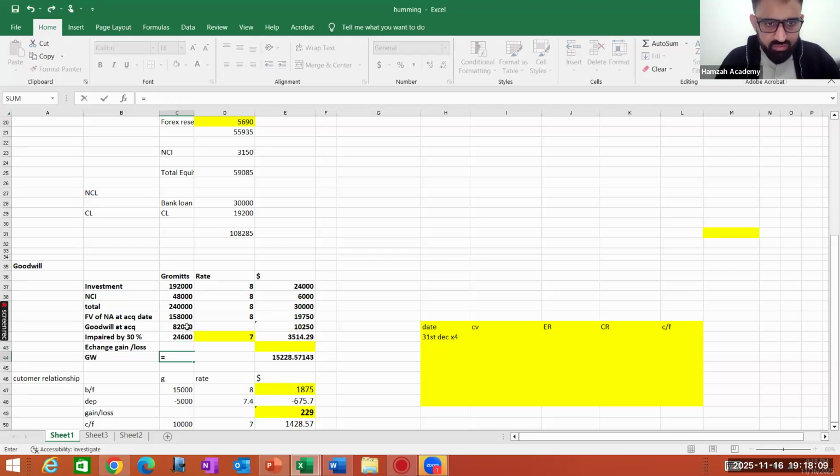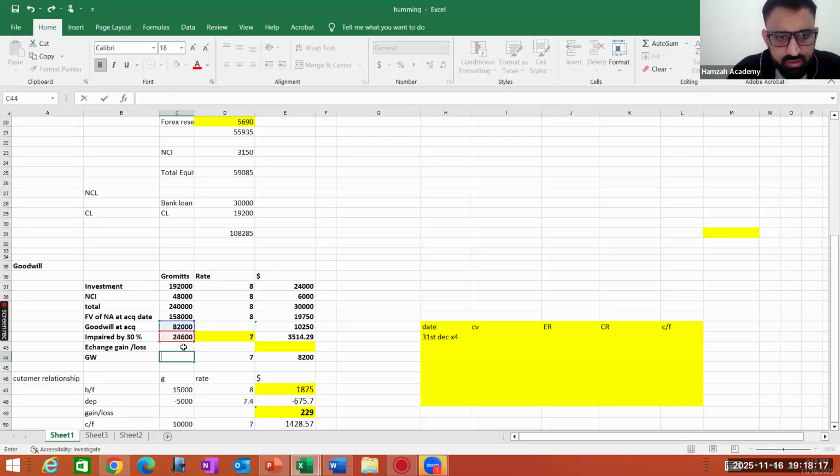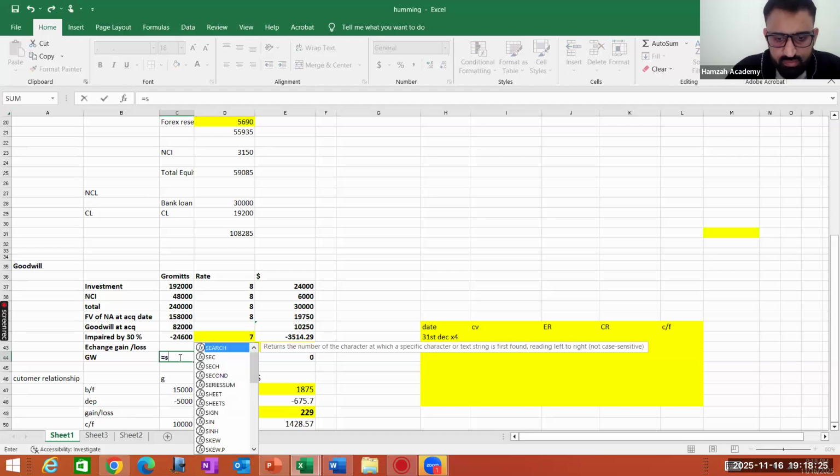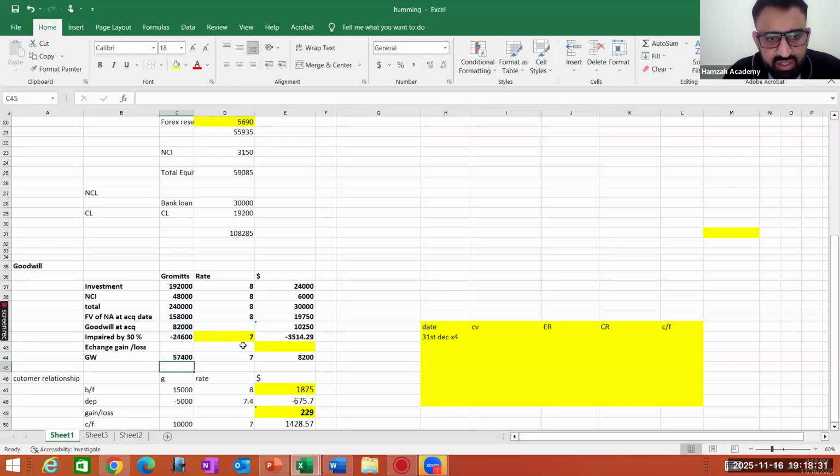So the closing value of the goodwill should be equal to 57,400 in terms of ringgit.